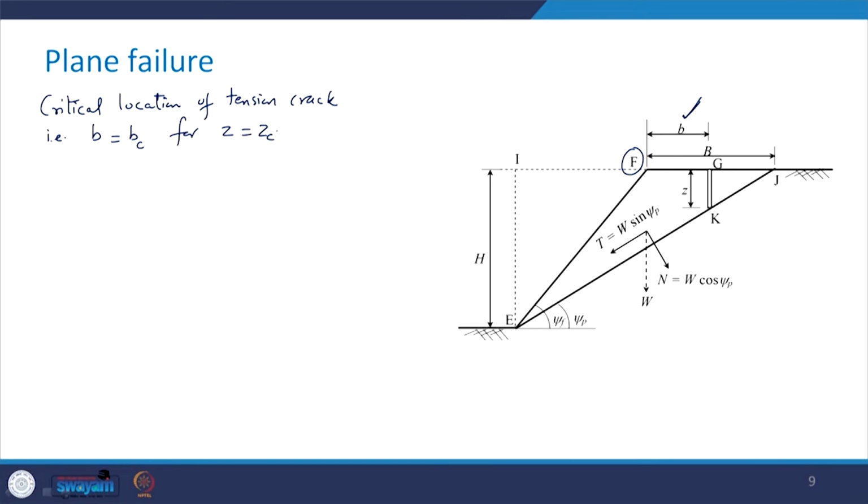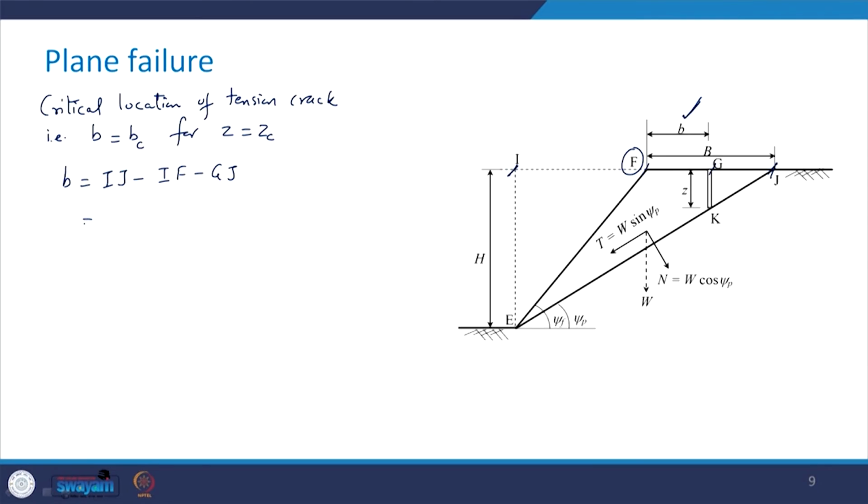So now can we define this b? So b is going to be equal to ij minus this distance if minus gj. You see this b is going to be this distance minus this distance and minus if, this distance.